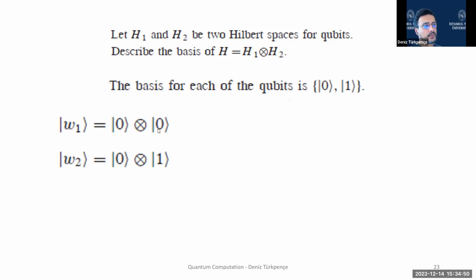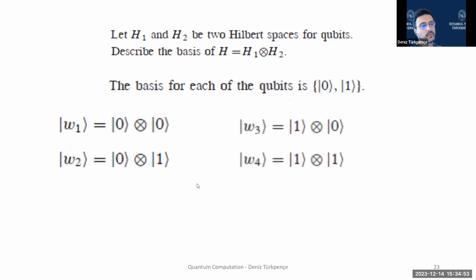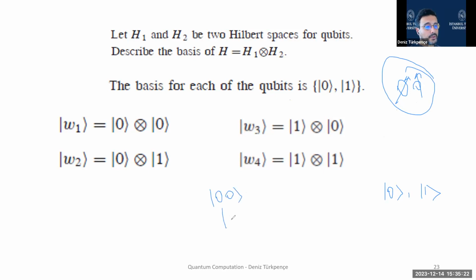I can have 00, 01, 10, and 11 basis states. For a single qubit, my basis states are 0 or 1. But if I have a system consisting of two qubits, inside the system I have two qubits, and to describe it mathematically, my basis states are 00, 01, 10, and 11.